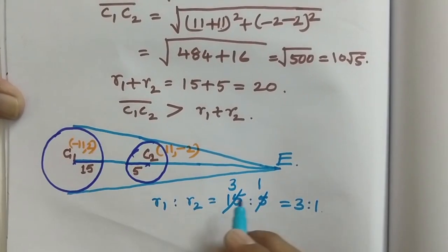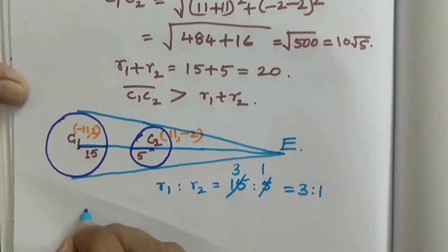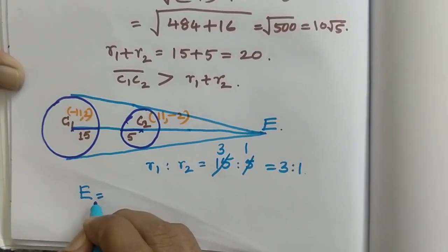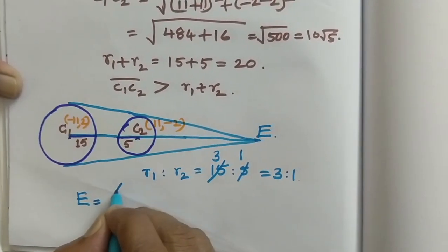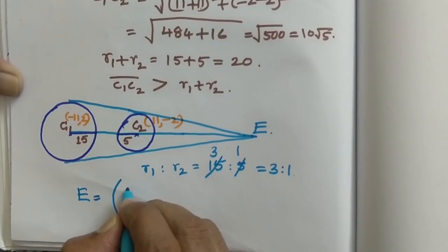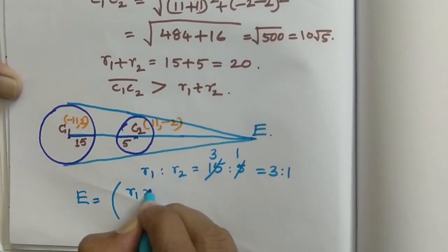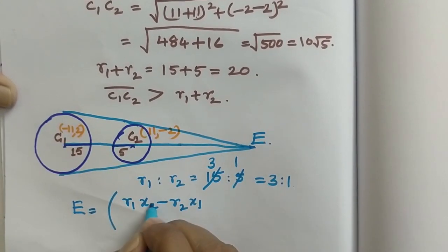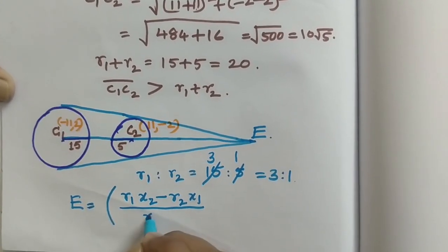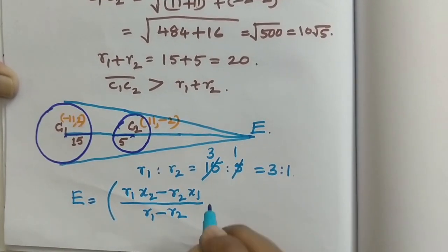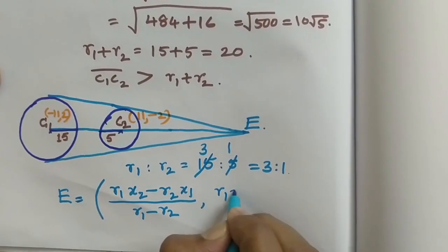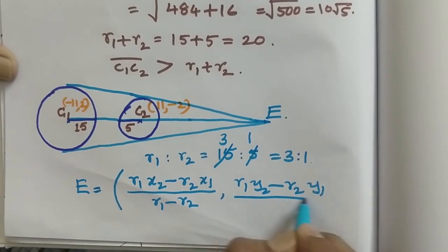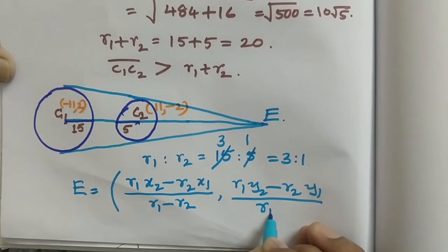So my E externally divides C1C2. That's why I am using the formula (R1 x2 minus R2 x1) by (R1 minus R2) and (R1 y2 minus R2 y1) by (R1 minus R2).